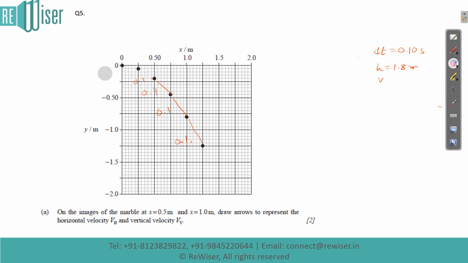So basically they're asking at this point and at this point, I have to show the velocity vector along the horizontal direction and vertical direction.